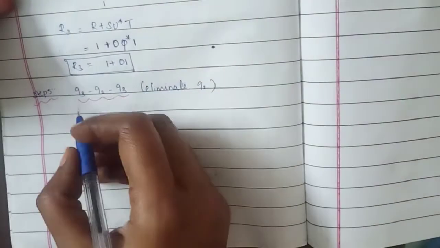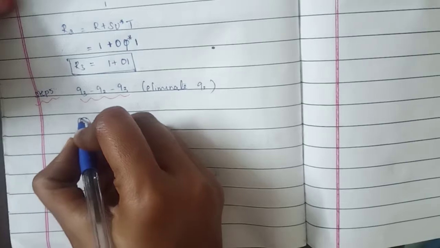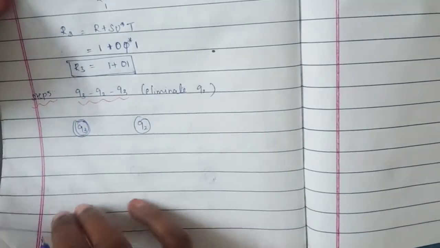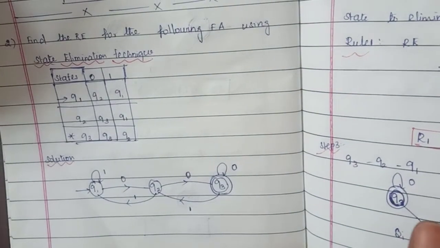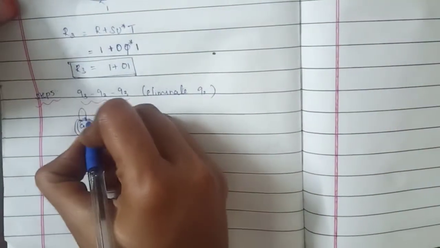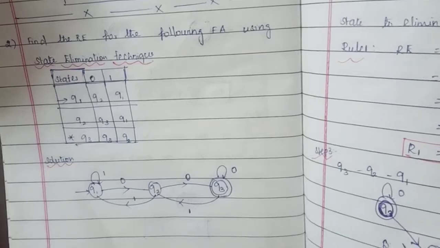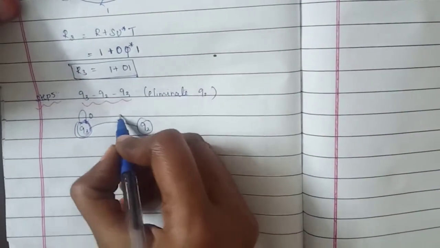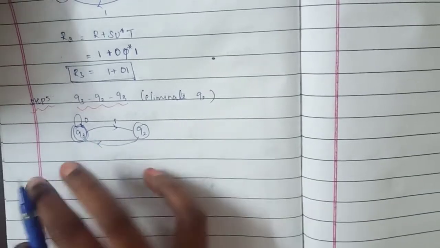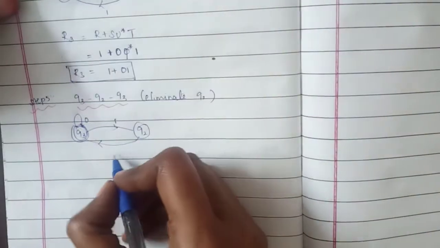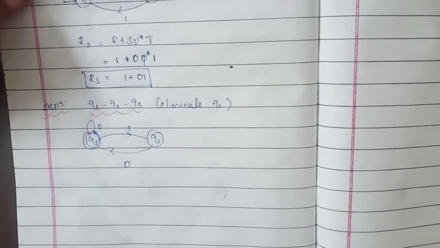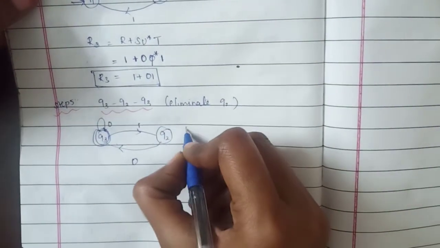So we'll have Q3 and Q2, right? So for Q3 it is self loop 0 and Q3 to Q2 1 and Q2 to Q3 it's 0 and there is no self loop on that. Just make use of the same formula.